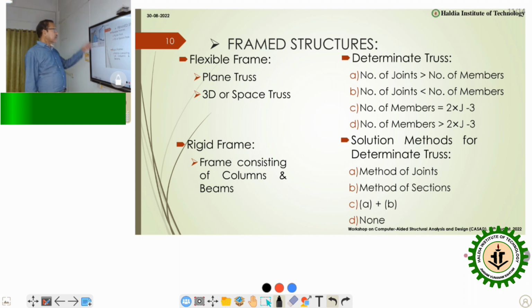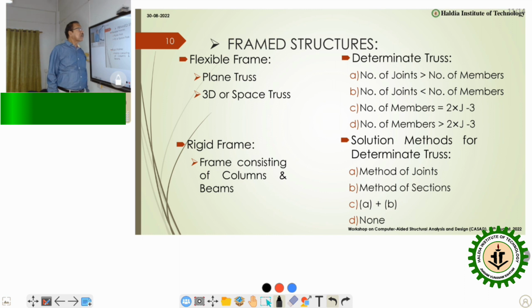As shown, a plane truss or 3D space truss belongs to flexible frames, and a rigid frame consists of columns and beams. The basic difference between the two is that the angle between the members at a joint doesn't change in a rigid frame, whereas here the angle changes.